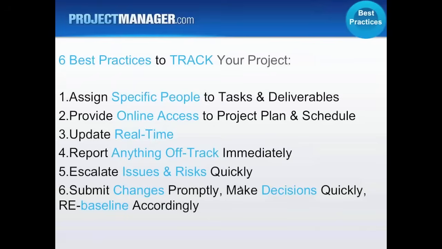So it's a matter of taking that to the change control board, getting the decisions made and the approval, and once you re-baseline, then it's agreed upon that maybe the schedule changes, the budget changes, or the scope. So those are some of the 6 best practices that we feel it's important to bring forward and always remember in tracking your project.